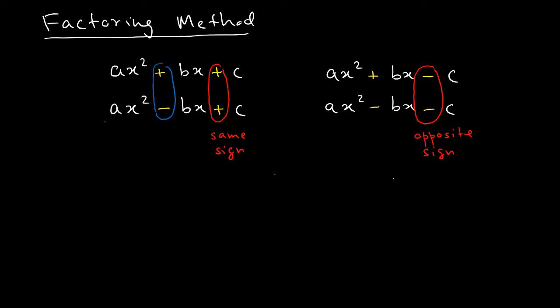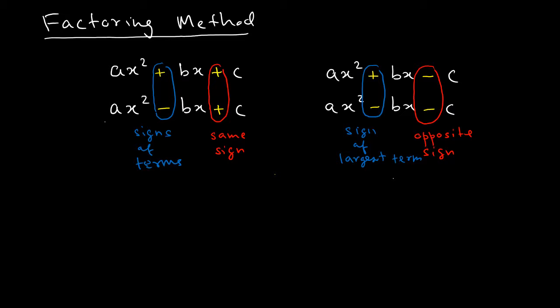In the second case, when c is negative, the sign of b is the sign of the largest term. Good, those are the four cases that we need to consider.